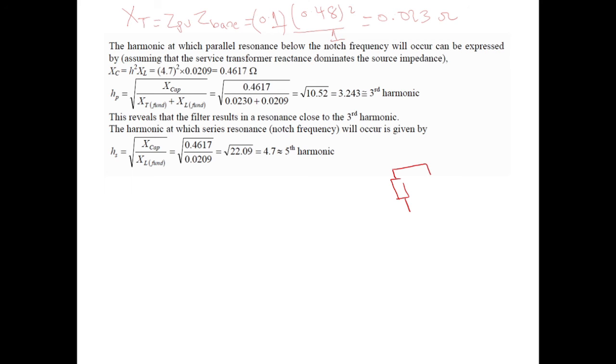Then I have my tuned capacitor, single tuned filter. And I have the source of the harmonic. Okay, so this is our circuit, right? This one will be our circuit.